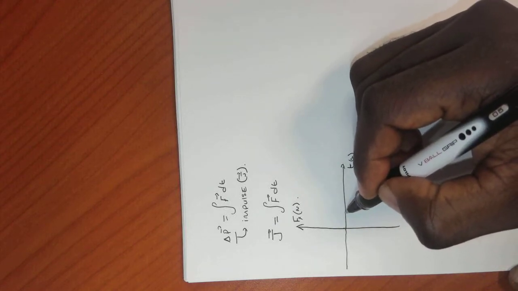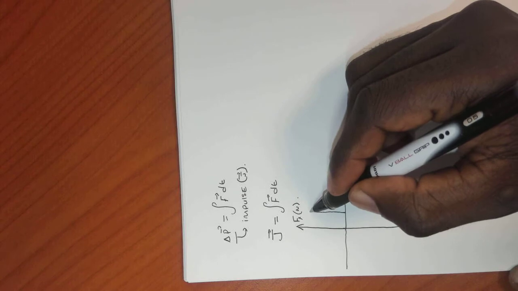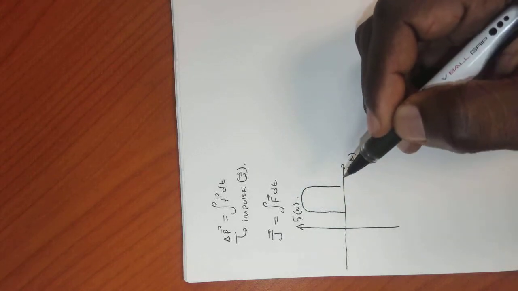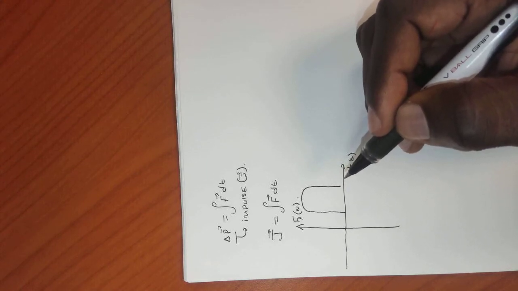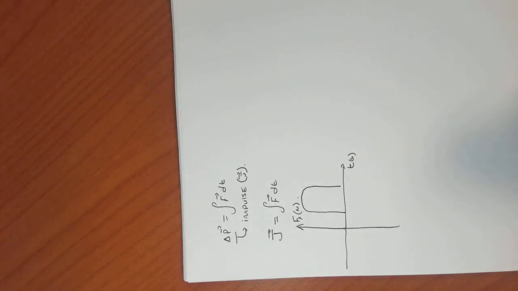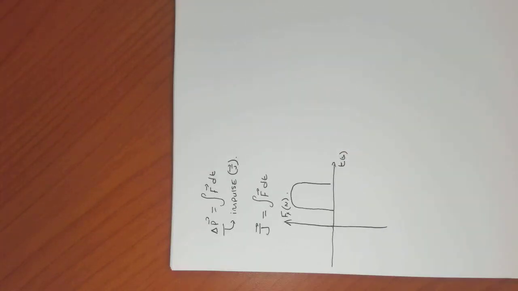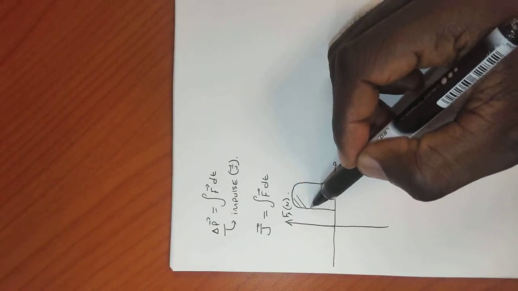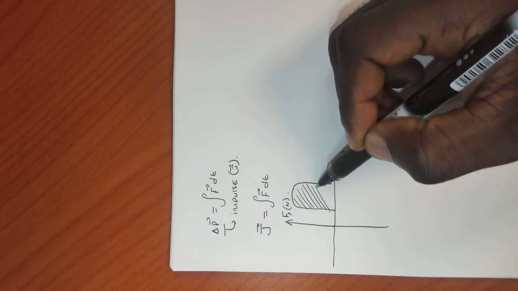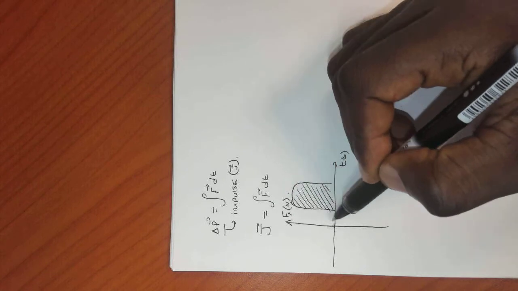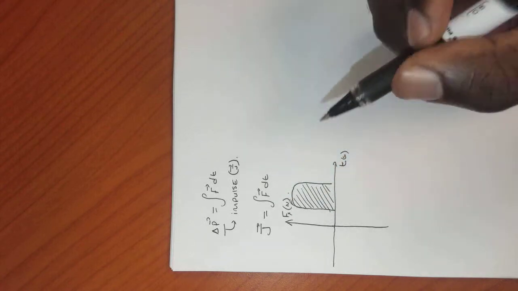Your impulse will be the area under the curve. We are integrating the force over dt.